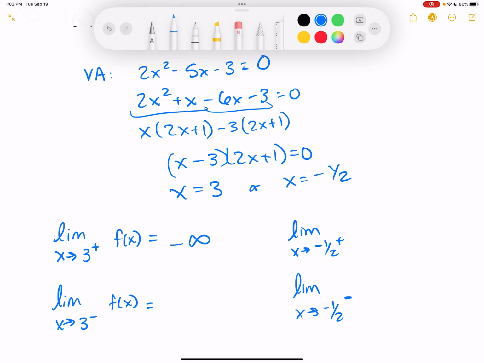And as it approaches 3 from the left, it's also negative infinity.